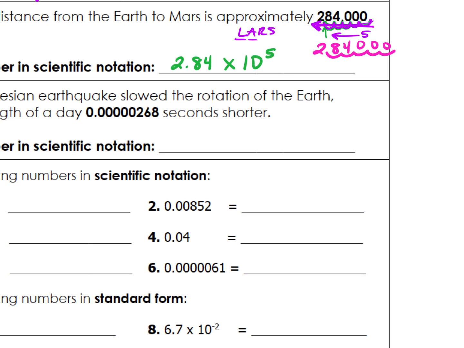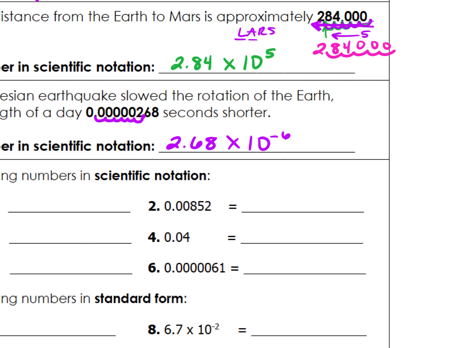This one, you would have to move how many places to the right? 6, because we want a number between 1 and 10, right? So this is going to be 2.68. We moved to the right, so we're going to subtract from our exponent, which means if we started times 10 to the 0 power, and I moved 6 to the right, what number? -6, okay?